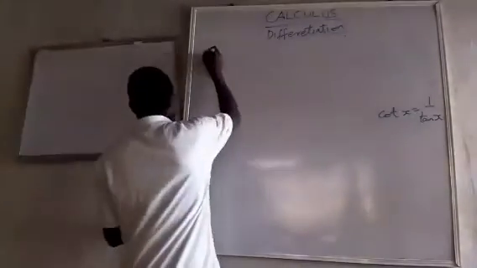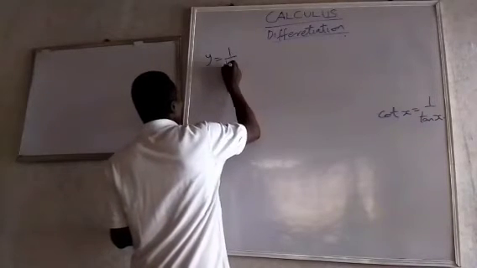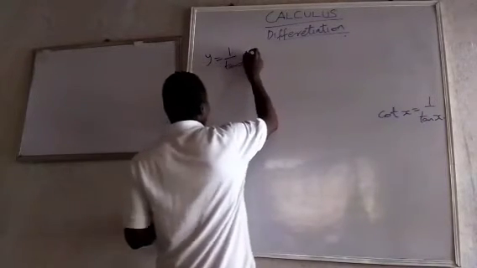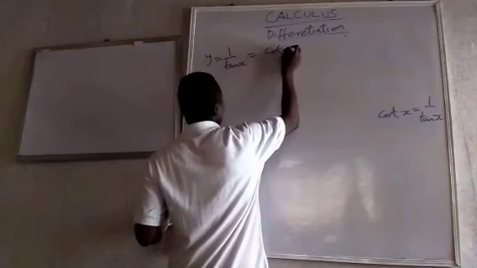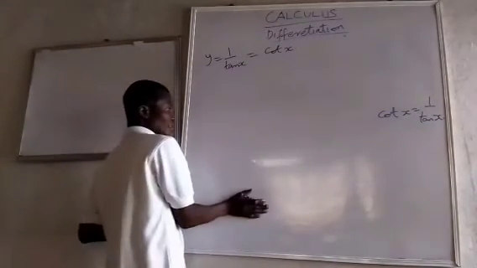Now let's go to that of tan. If we have y equals 1 over tan x, or cot x, how do we arrive at the differential?